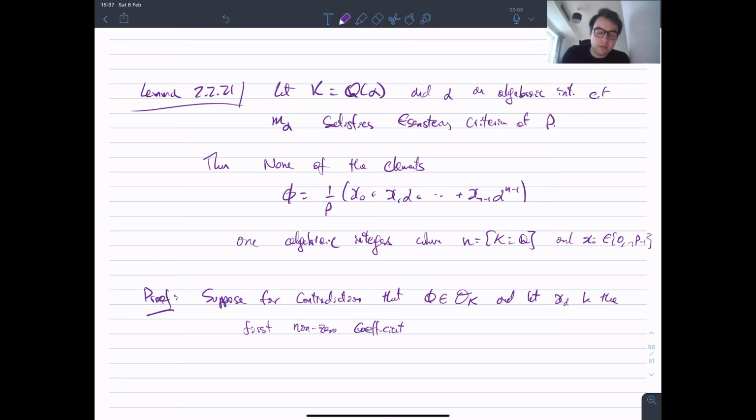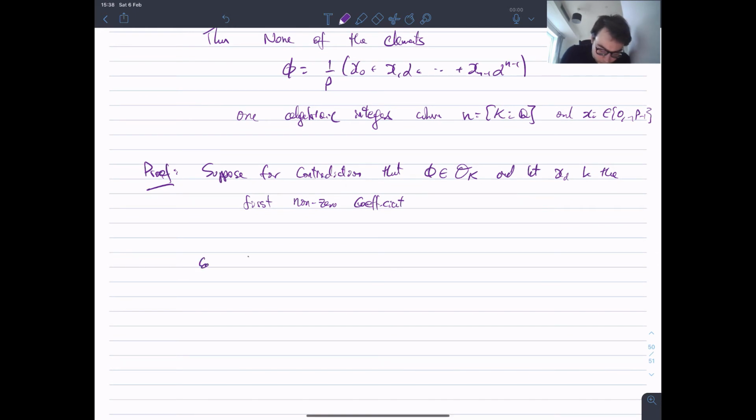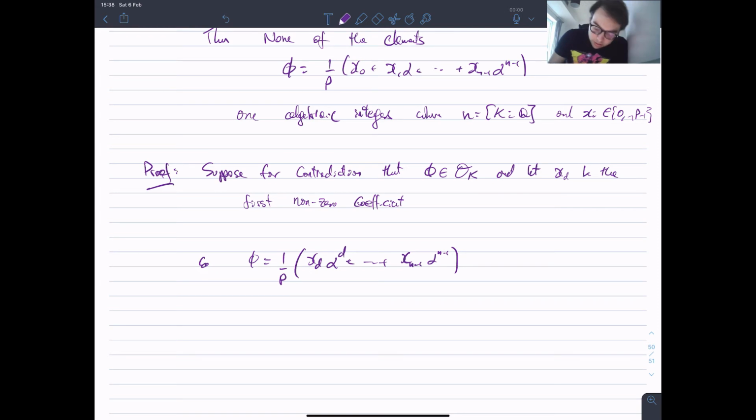So let's assume that this element here was an algebraic integer, and let's take the first x which is non-zero. So we have phi equals 1 over p times x_d alpha to the d plus and so on up to x_{n-1} alpha to the n minus 1. All of the previous coefficients are 0, so it just looks like this. And again, these x_i's are still between 0 and p minus 1. So we have this element, and we're assuming that this is an element of OK.